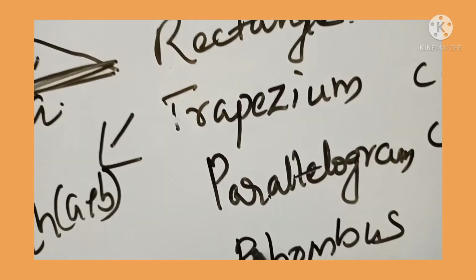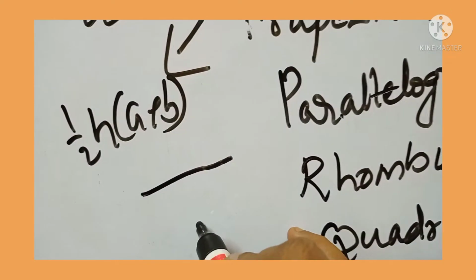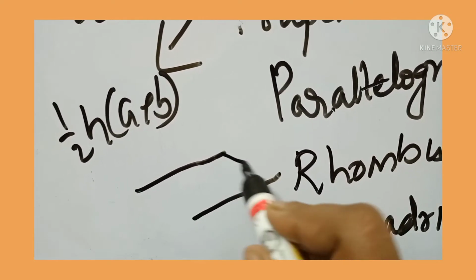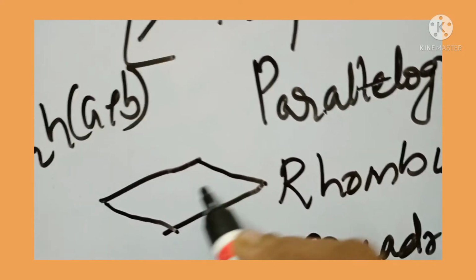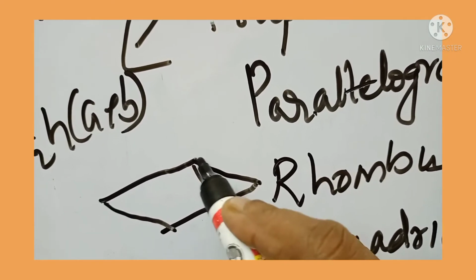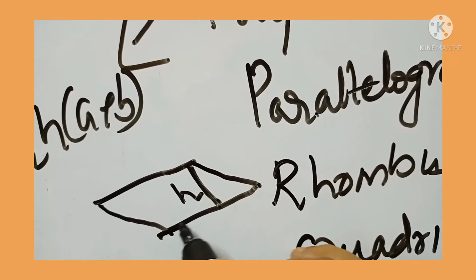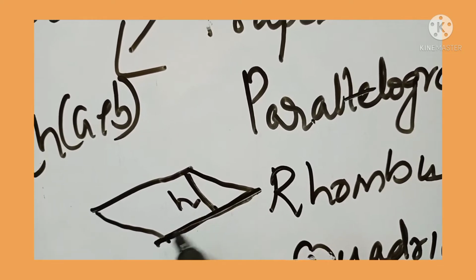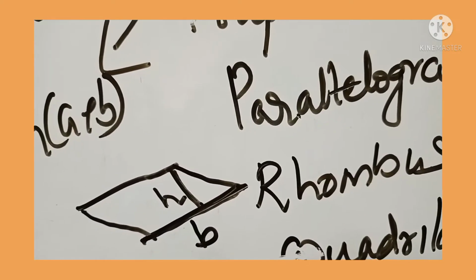Then parallelogram. So like the area of a rectangle, here we can draw a parallelogram, and we know that the distance between the two parallel lines will be equal. Let it be height, and the base is marked in the figure.